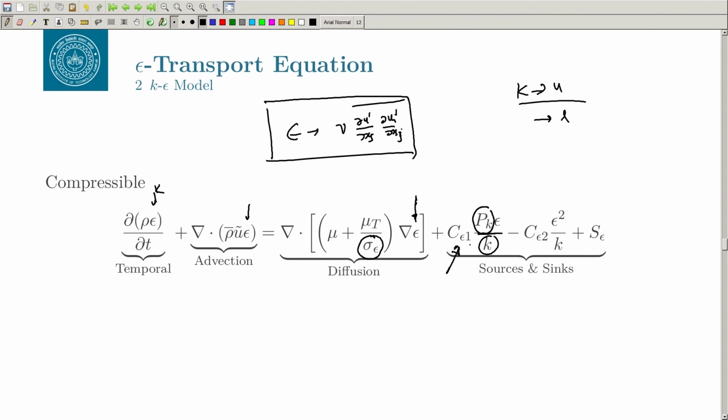So you can see many different transport equations for epsilon in different models. If you are going for standard k-epsilon or the RNG k-epsilon or any other epsilon model like realizable k-epsilon, this equation will be different. And the coefficients, like C epsilon 1, C epsilon 2, will also be different, right. So these are basically the sources and sinks for the epsilon transport equation.